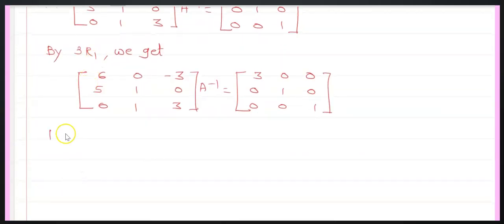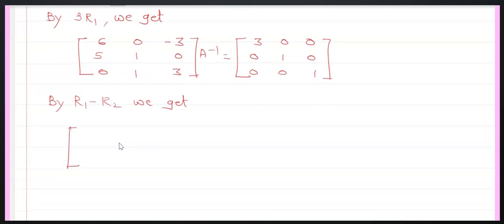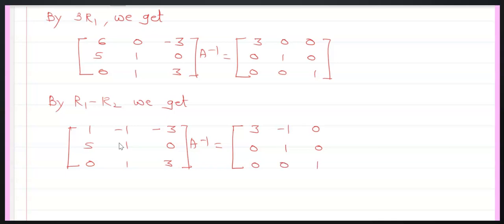Now next is R1 minus R2. Therefore you will get 1, minus 1, minus 3, 5, 1, 0, 0, 1, 3, A inverse is equal to 3, minus 1, 0, 0, 1, 0, 0, 0, 1.